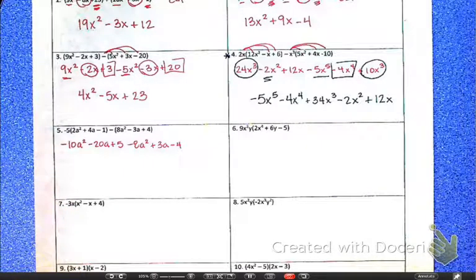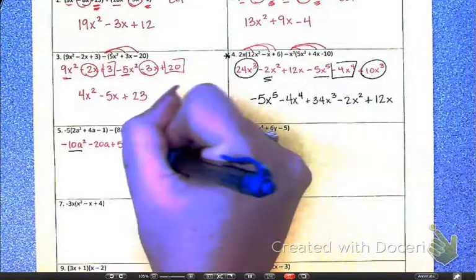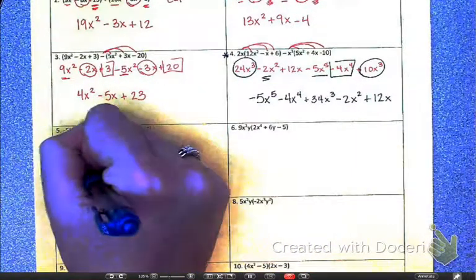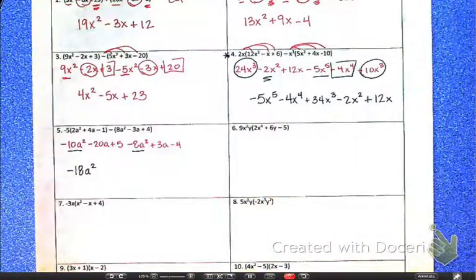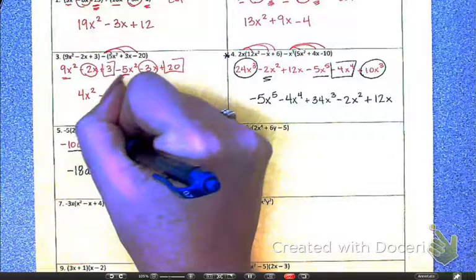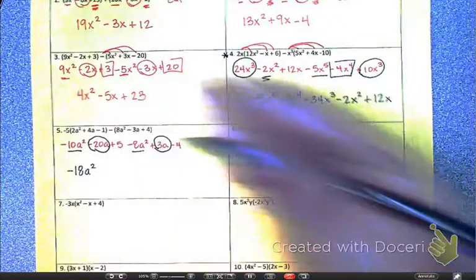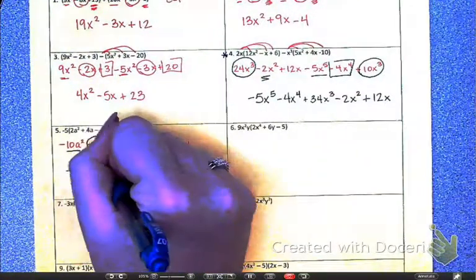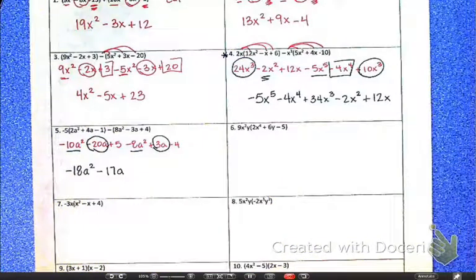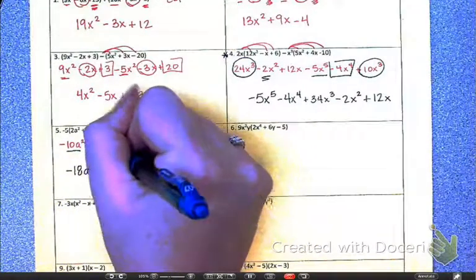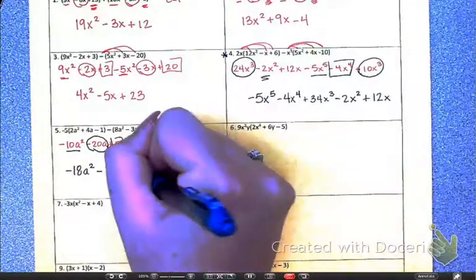Highest exponent, 2. So negative 10 and negative 8 is negative 18a squared. Negative 20a and 3a is a negative 17a. And 5 minus 4 is 1.